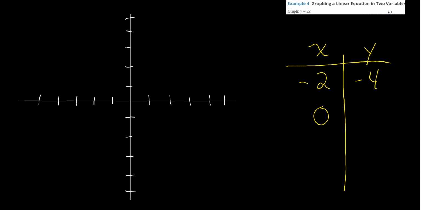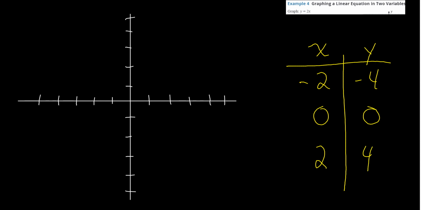So y is equal to 0. So that's cool. It goes right through the origin. And realistically, we can stop right there, because you only need 2 points to create a line. But we're going to go one more, and let's do positive 2 here. If we plug in a positive 2 for x, 2 times 2 is 4, and so that's where we get the y from.